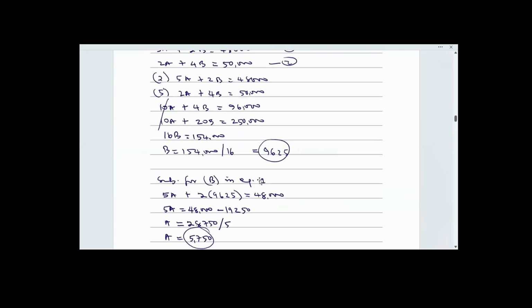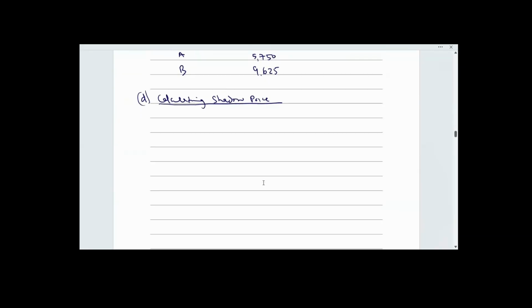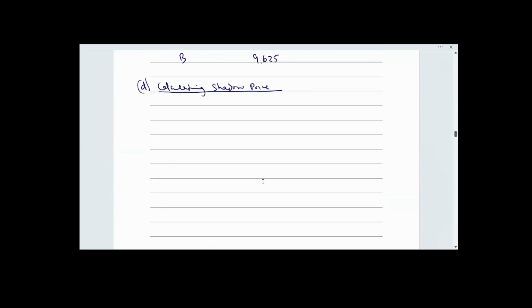To calculate shadow price using the dual method, first thing first, you identify the equations that intercept at the optimal level of activity. Therefore, at point Y: 5A plus 2B equal to 48,000, then 2A plus 4B equal to 50,000.